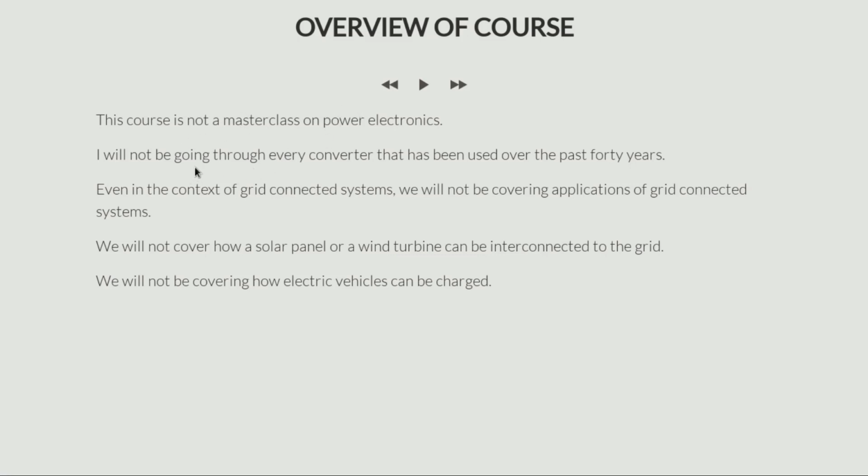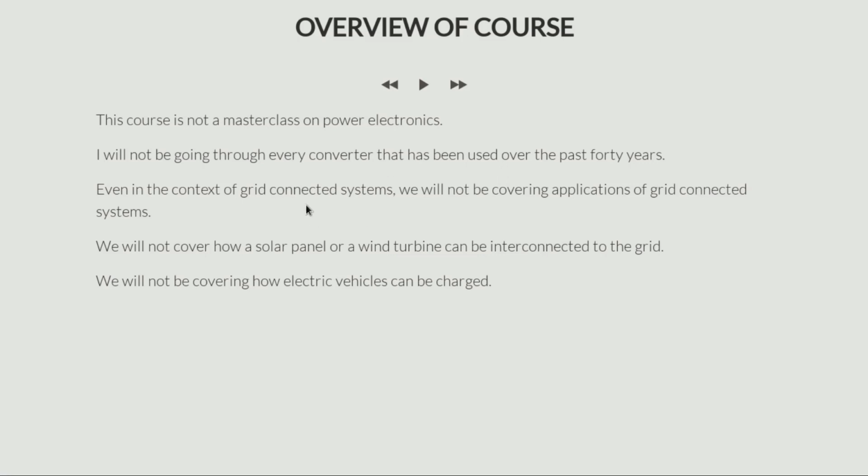We will not be going through every converter that has been used over the past 40 years. That's not something you will see in this course. We will not be comparing different topologies or talking about when and how a particular converter was used and who started it and who used it and who adopted it. We are not going to be talking about any of these things, right?